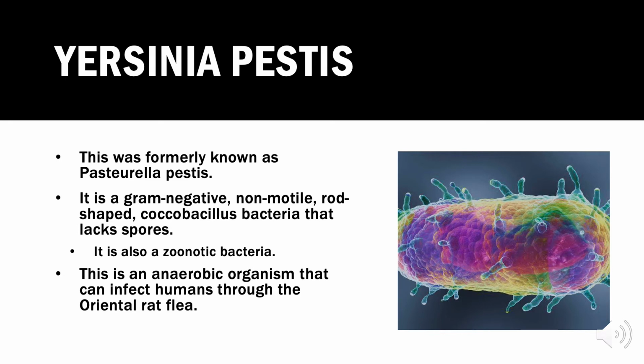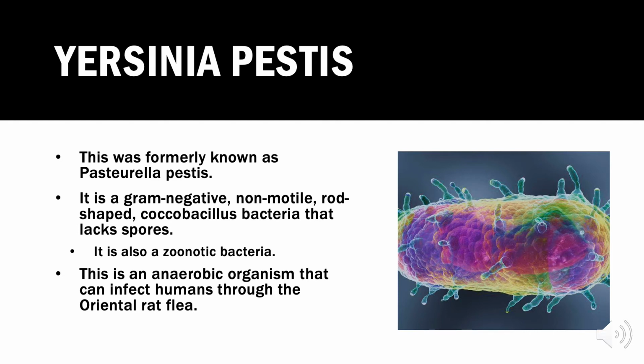So this bacteria is gram-negative, non-motile, rod-shaped, and it's a Coccobacillus bacteria, which lacks spores. So unlike E. coli, there are no endospores. This is a zoonotic bacteria, which basically just describes how it's transmitted between animals and people.